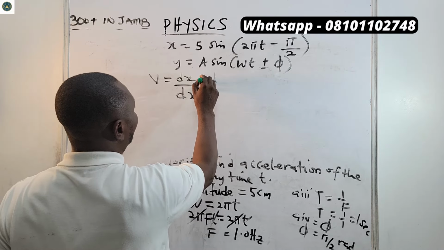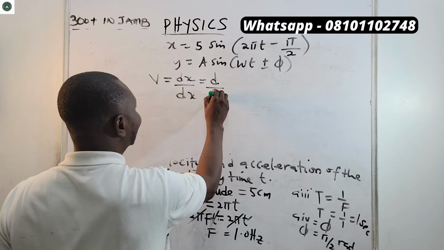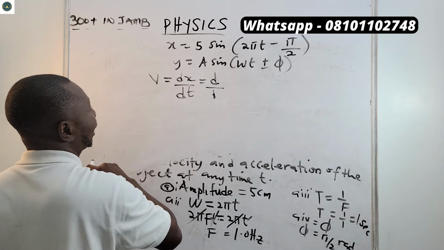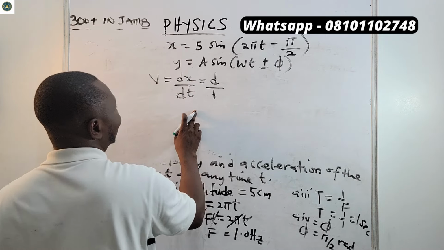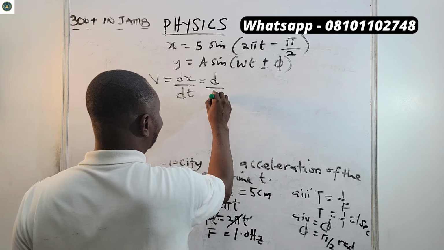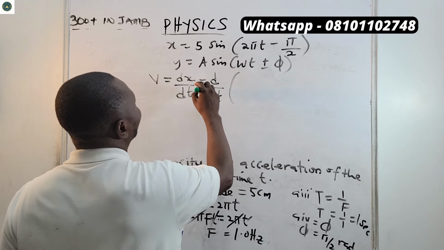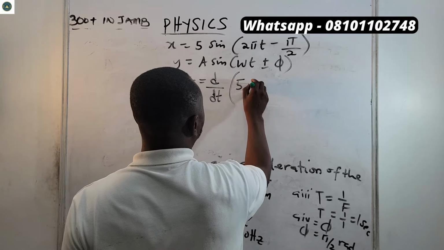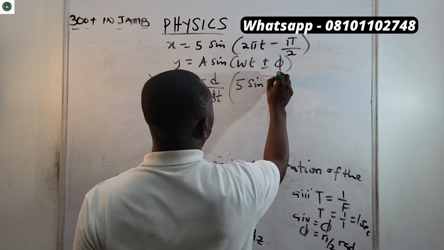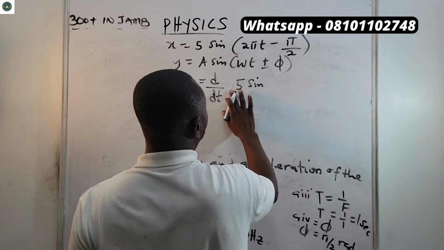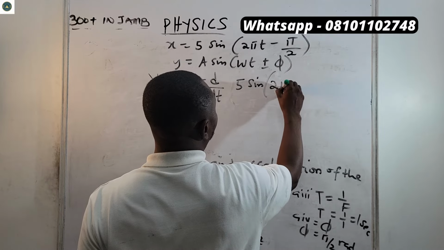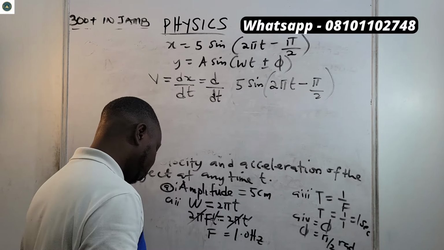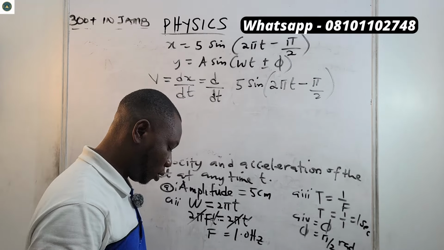So now let's differentiate with respect to t, because velocity is the change of displacement over time. So dx/dt equals d/dt of the entire function, which is 5 sine (2 pi t minus pi over 2).